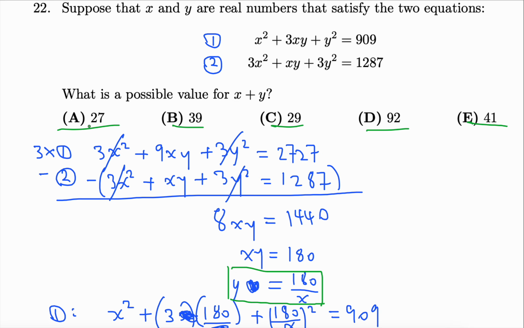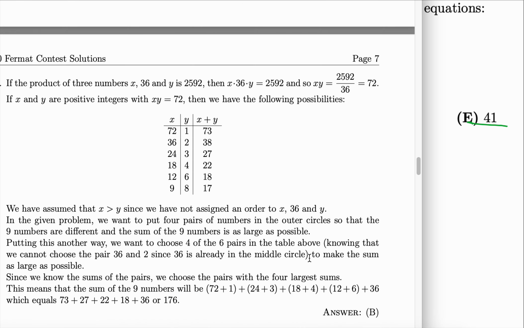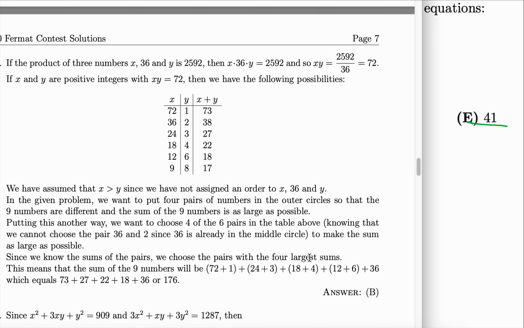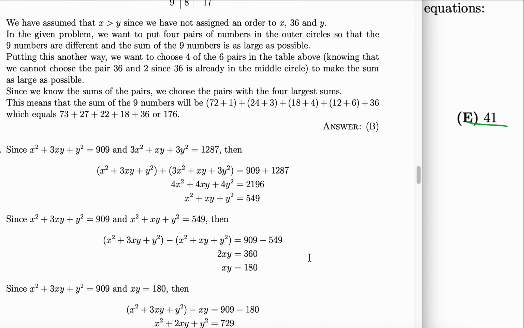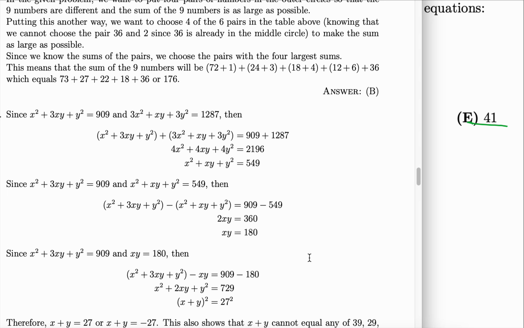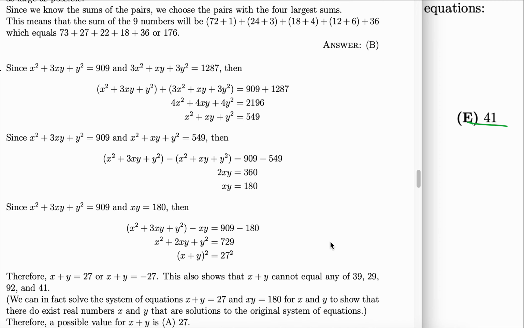Is that one of the answers? Yep, that's letter A. Now I'm getting into the habit of checking my answers in the solutions page because I know I could be wrong. Is it 27? Ooh, so it could be 27 or it could be negative 27, I see.